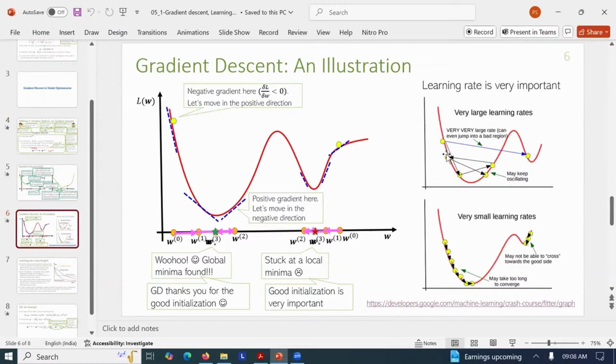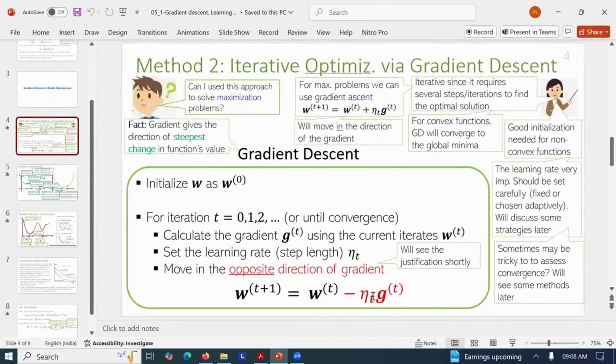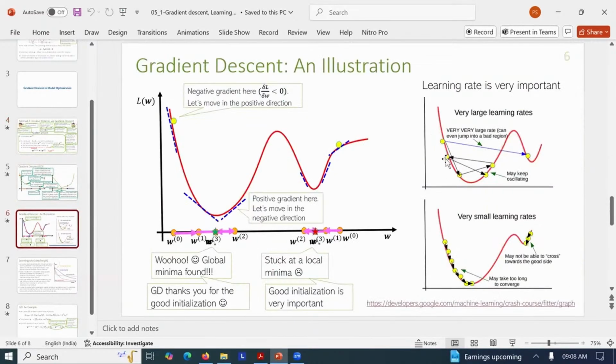Since you are taking a very high value for the learning rate eta t, eta t g t will be a large value, which means the change in w will be large, right? And if the change in w is large, you will move from this position to this position. Now again, if you calculate the gradient, the direction of the gradient has changed.